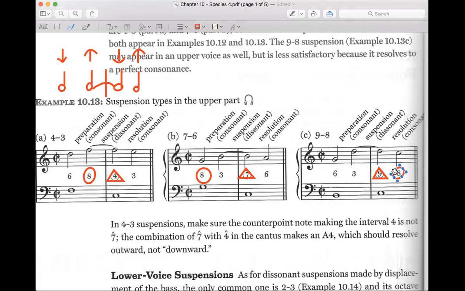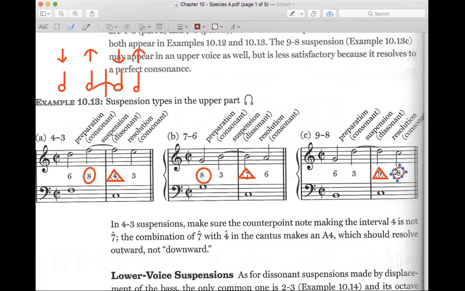In the first, we have a 4 resolving to 3. In the second, we have a 7th resolving to a 6th. And in letter C, a 9th resolving to an octave.